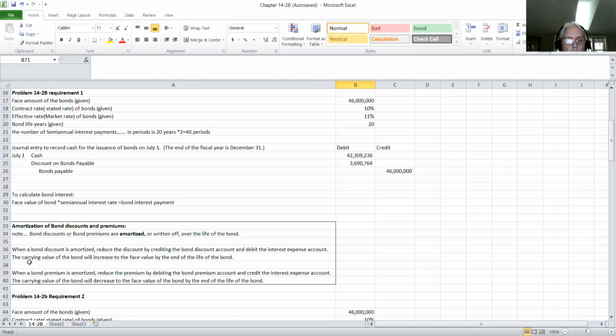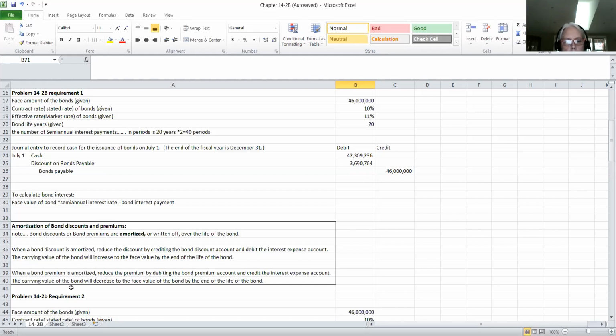Now, something else that you need to notice about a bond discount is we amortize it over the life of the bond. And so the carrying value or the book value of the bond is going to increase up to the face value by the end of the life of the bond.